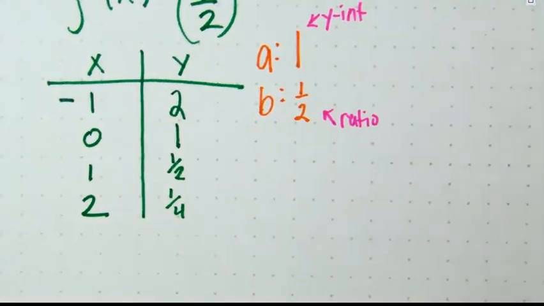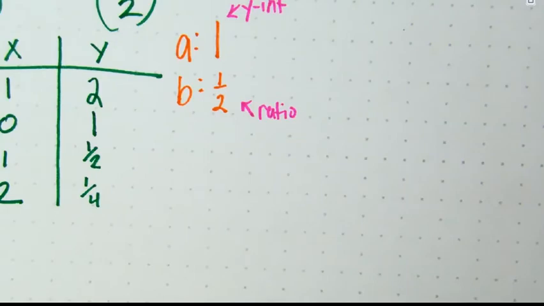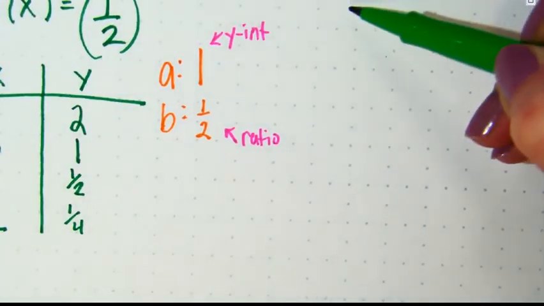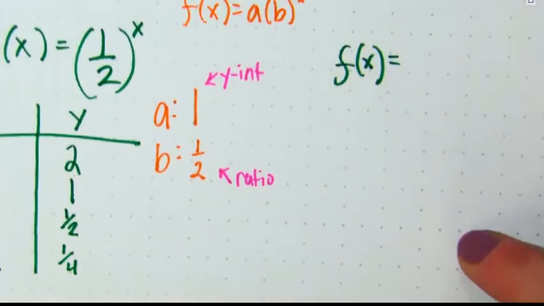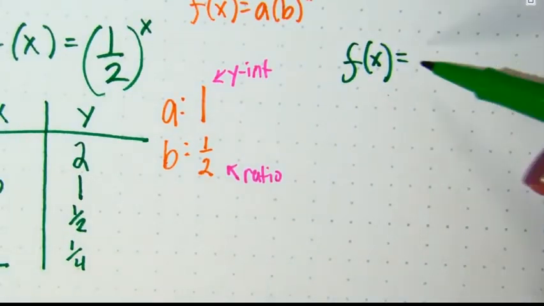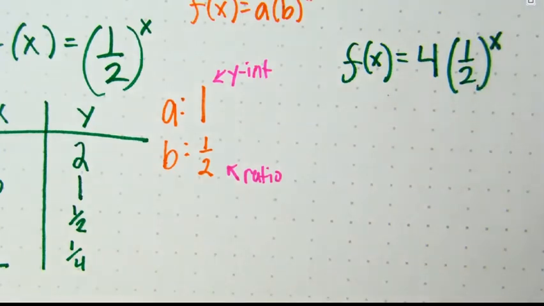Okay. All right, so take a second and actually, no, we'll wait for the Desmos part. Okay, we're gonna do a second function real quick. It's not number 2, it's actually we're gonna compare. So our second one is f of x equals 4 times 1/2 to the x.